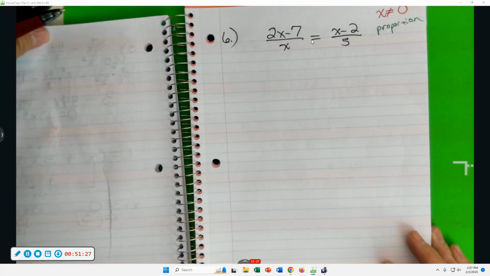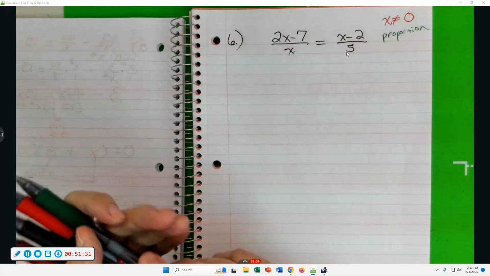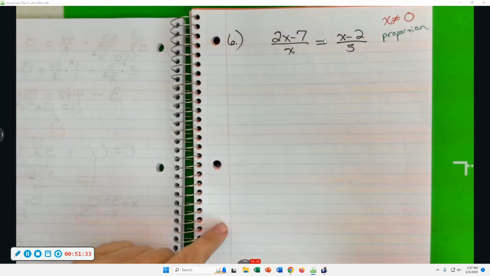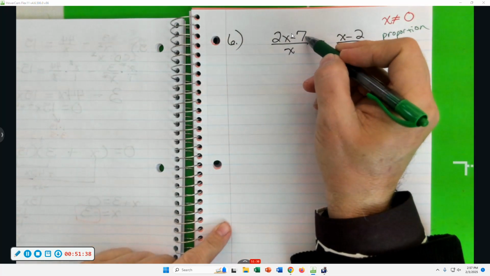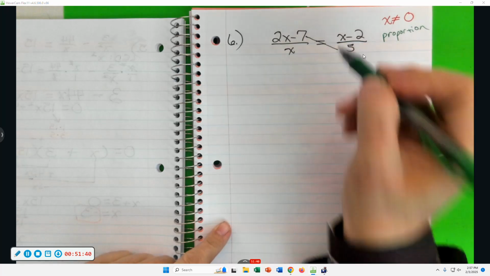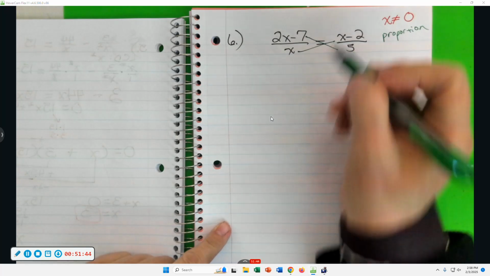If you don't remember, I'm going to show you right now. Do y'all remember a phrase called cross-multiplying? You take the numerator on one side times the denominator on the other side, then the denominator times the numerator.